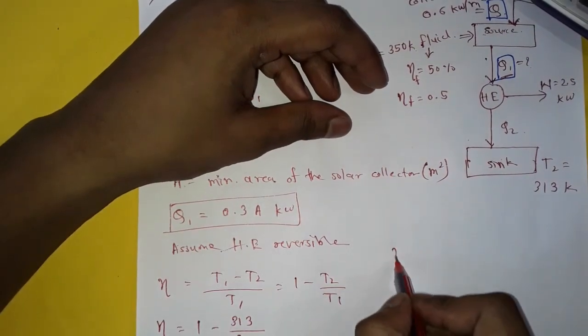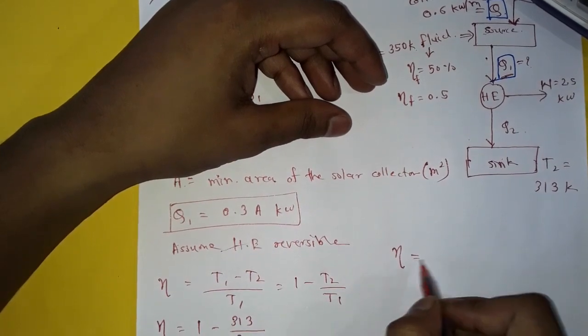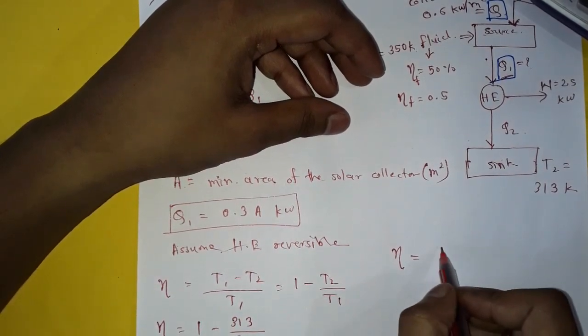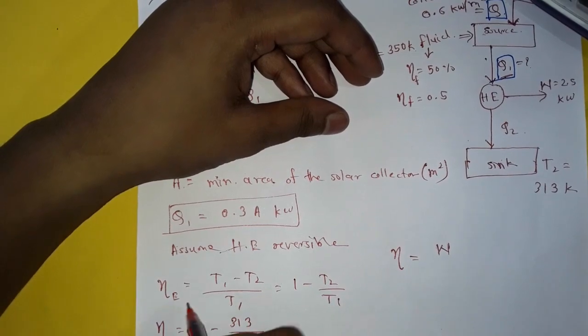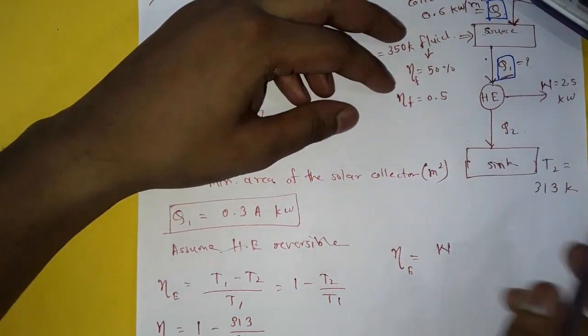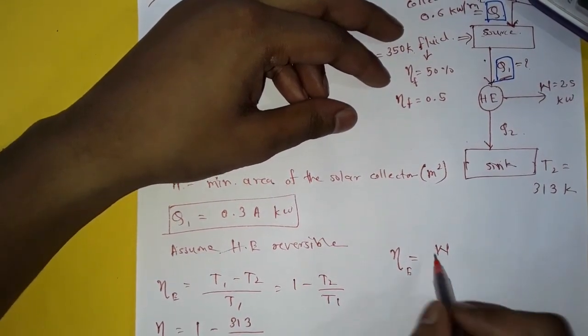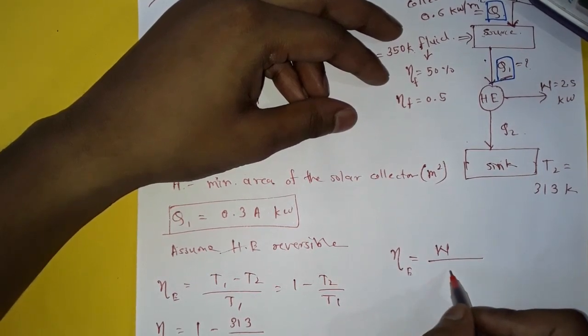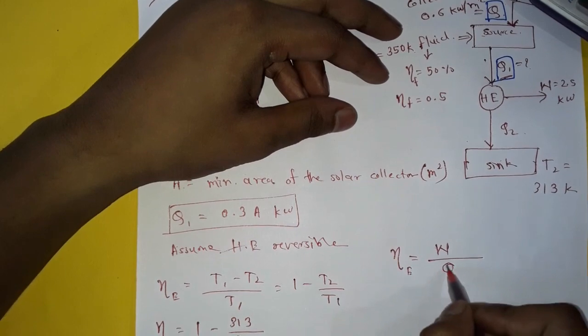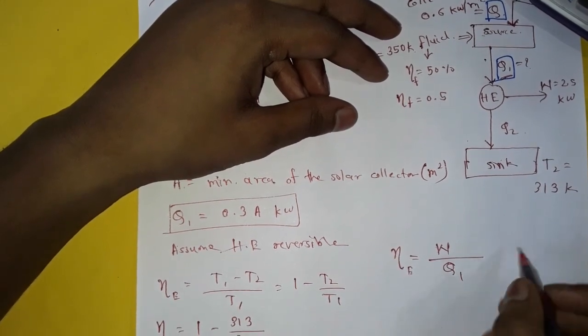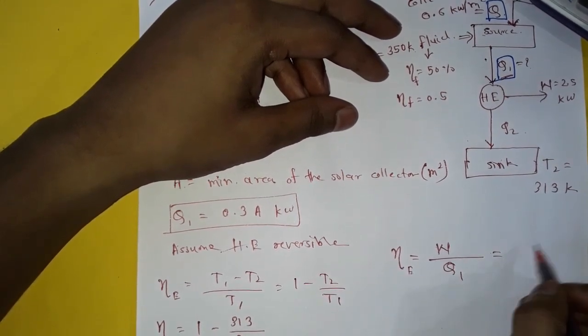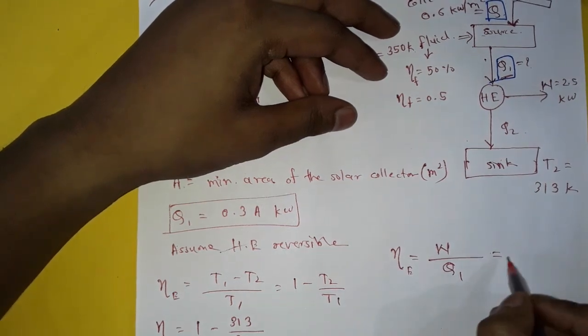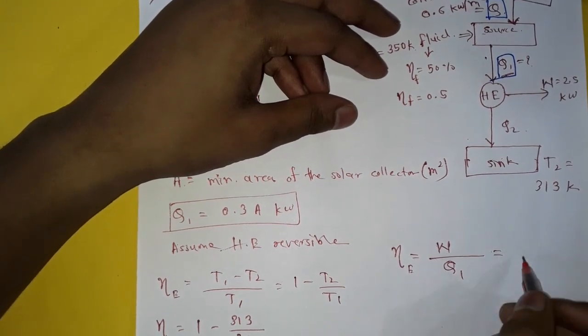Also, efficiency is given as W, work output, upon total heat input. So here total heat input is Q1, so W upon Q1.